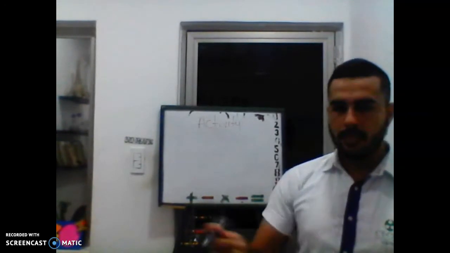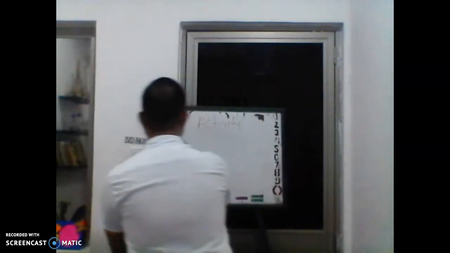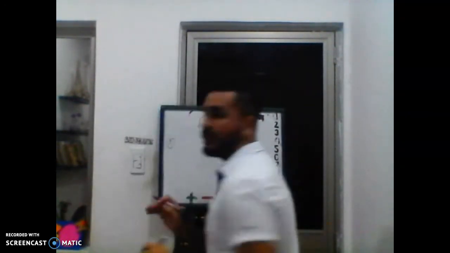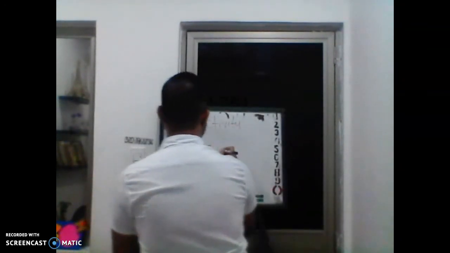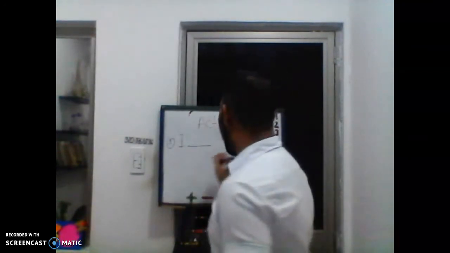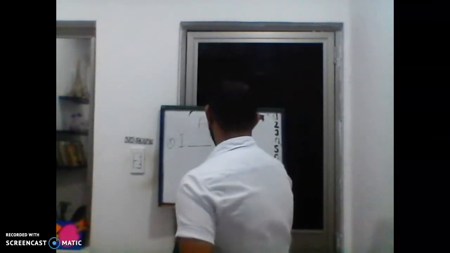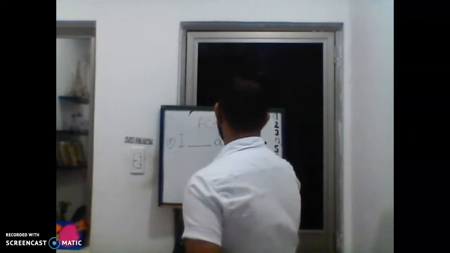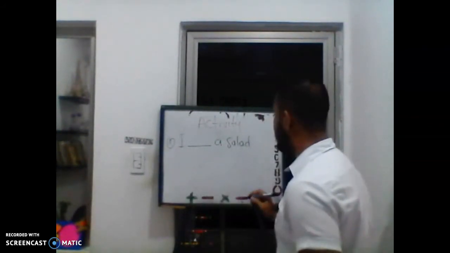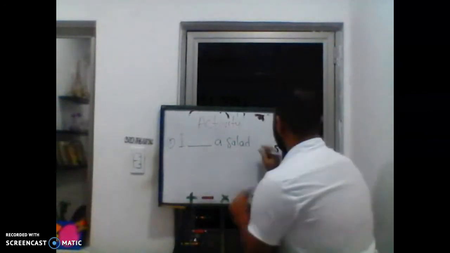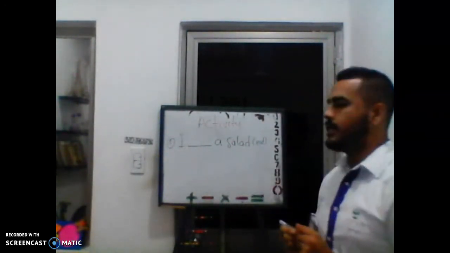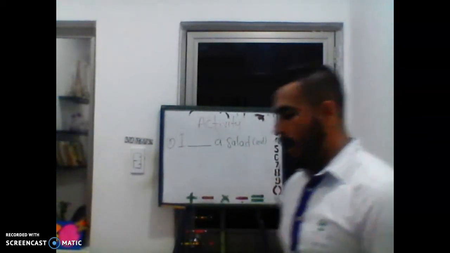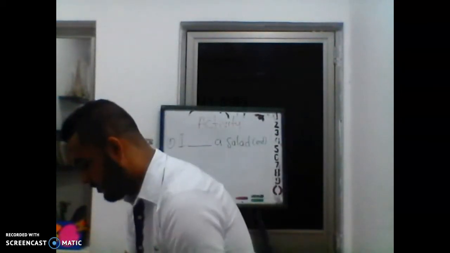Well, I have a sentence. The first sentence: I, space, a salad. Well, so the verb is eat. Example. Look at the pictures.